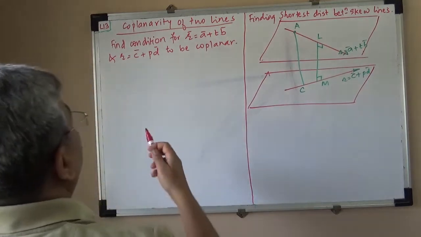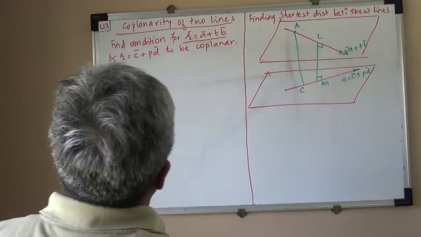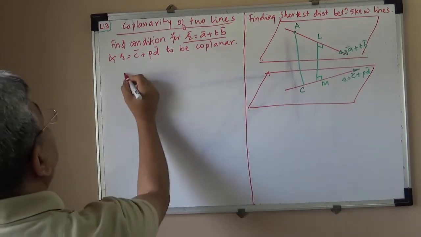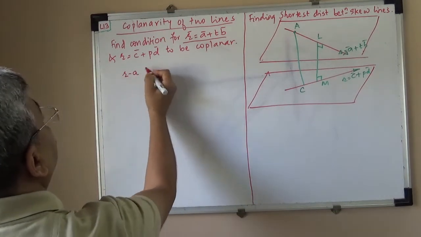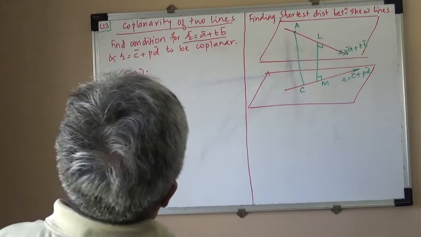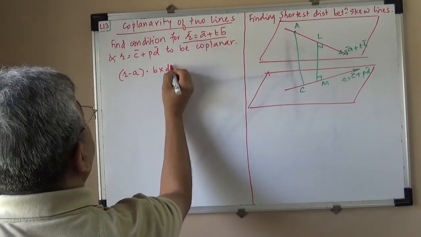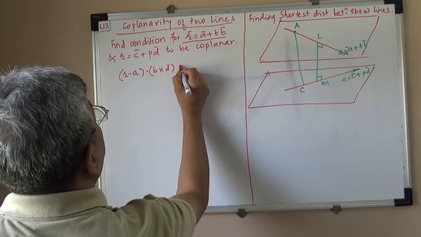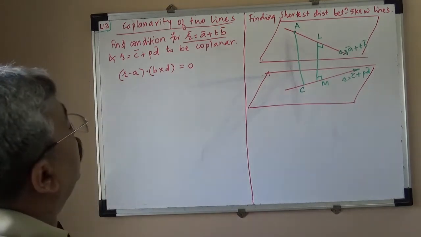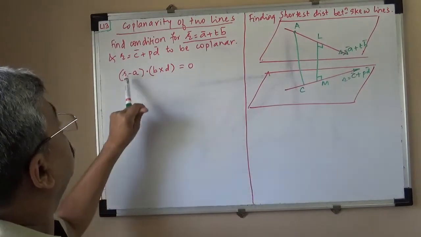Then suppose we want to write down the equation of a plane which contains this particular line: R minus A vector in that plane must be perpendicular to B cross D, should be equal to 0. Okay, so the equation of the plane which contains this line is going to be this.